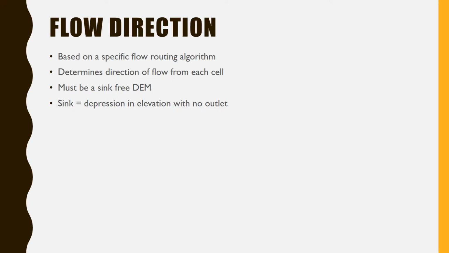Flow direction is based on a specific flow routing algorithm. It determines the direction of flow from each cell. And the first step is you have to have a DEM that has no sinks. And the reason is flow accumulation, flow direction, flow calculations, and most of the hydrology that we do is contingent upon the basic construct that all water must exit the watershed.